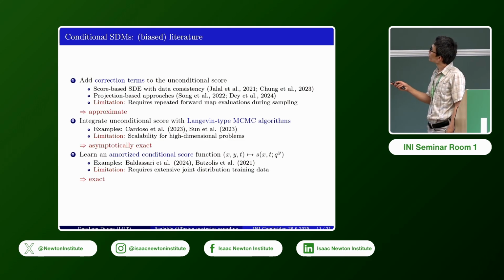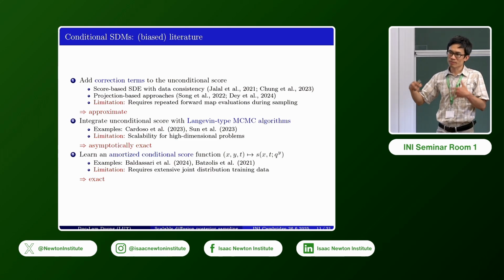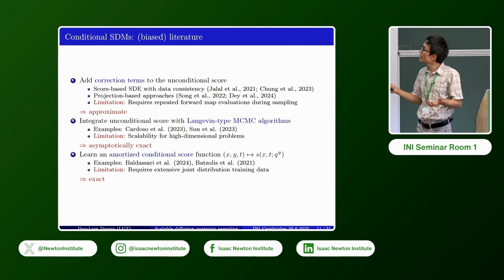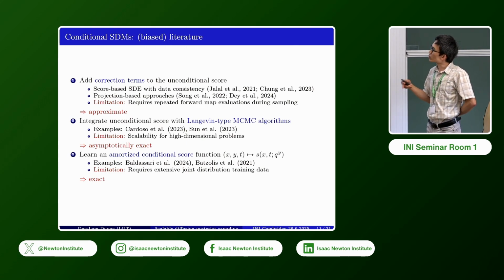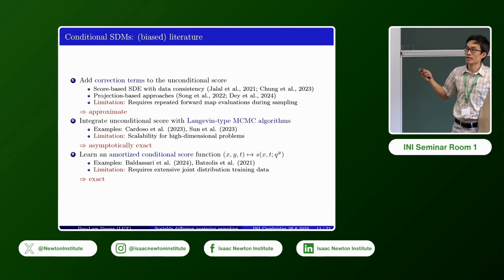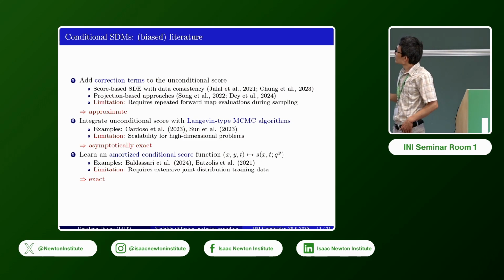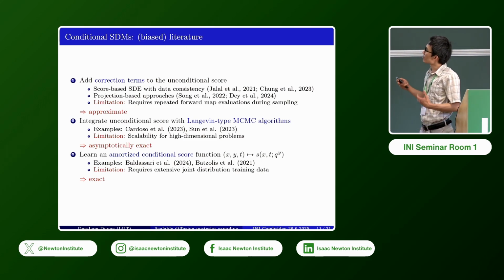So we can somehow regroup these. The first one is approximate: everything is approximative and you need some approximation. The second one is usually asymptotically exact, in the sense that if you run the MCMC algorithm long enough, you can hope to obtain the exact posterior. While the third is an exact one.